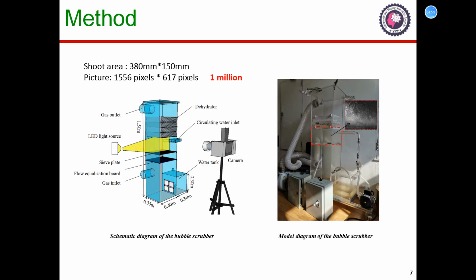And then we can get a shoot array with the size of 380 millimeter multiplied by 150 millimeter, and a picture with about 1 million pixels, which we can use in the future to analyze the information.